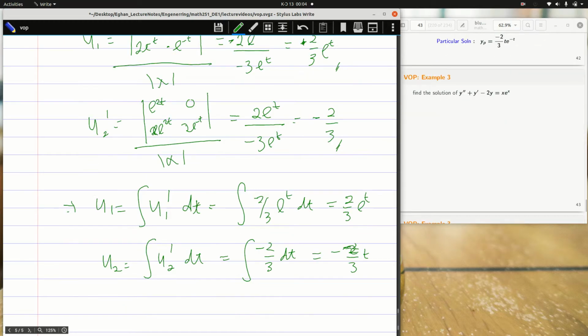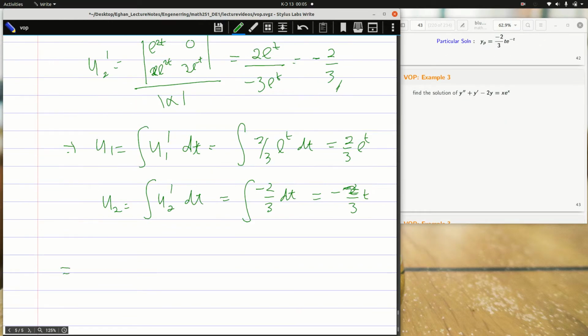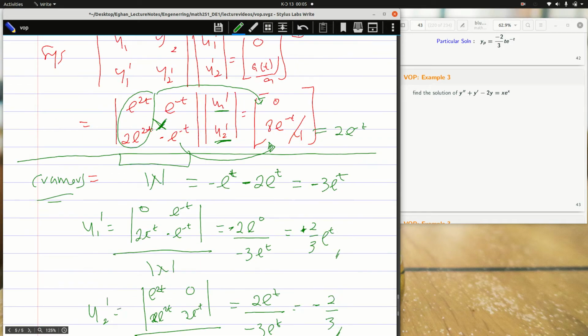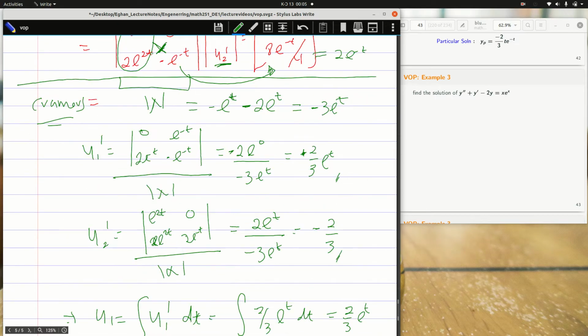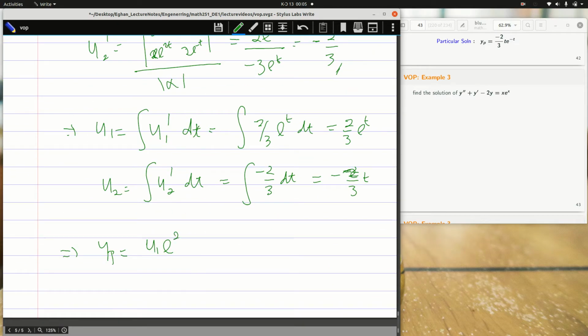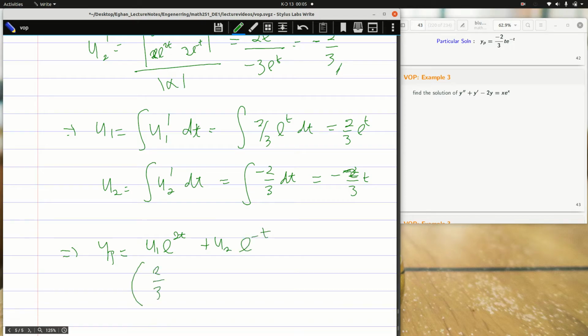And so my particular solution is u1 times e^(2t), since that was my first root. I have to make a substitution back into this: u1 e^(2t) plus u2 e^(-t). u1 is 2 on 3 e^t times that.